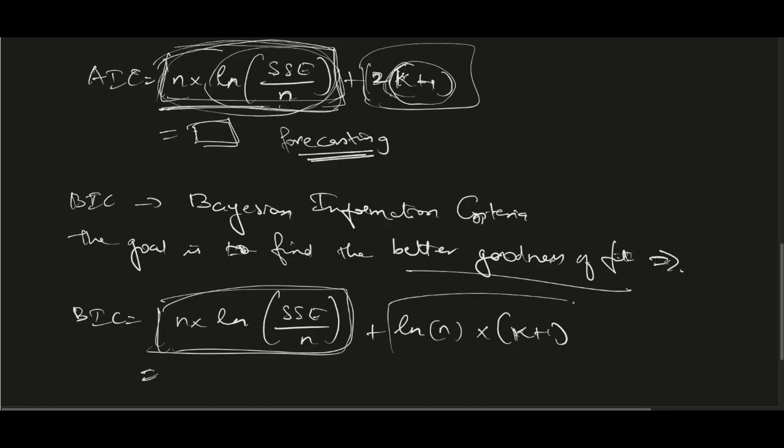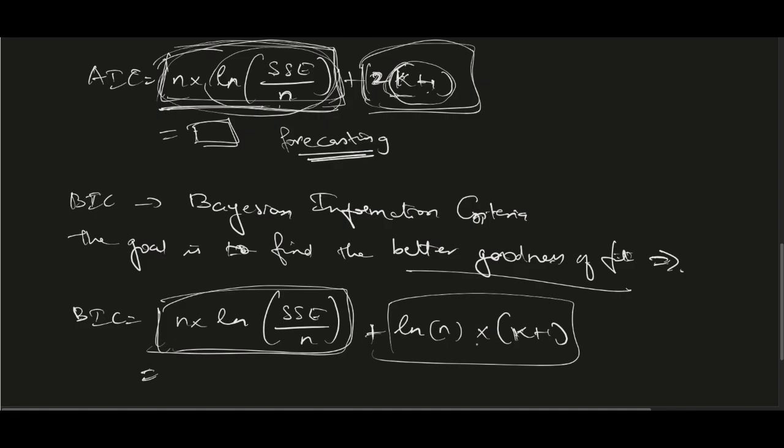Now the second part has a slight difference between AIC and BIC. In AIC, we are scaling up the error by twice the total variables. In BIC also we are scaling up the error, but the way we scale is slightly different.